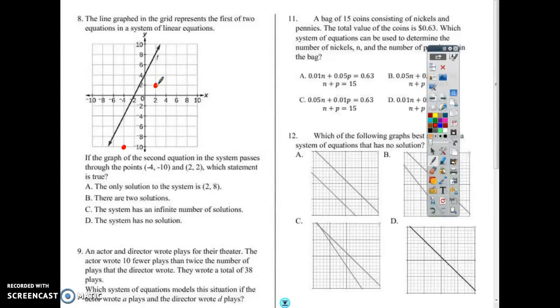What do you notice about these? No solution, right? If you draw your line and connect the points (-4, -10) and (2, 2), that'll be no solution. They're never going to cross. So that would be D. If they do cross, make sure that you say where they cross on the test. But I would just graph them on there.